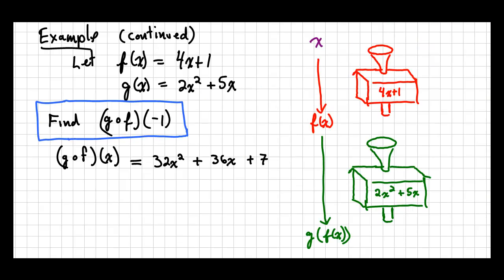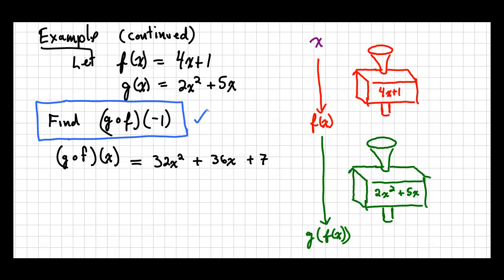Okay, so we calculated what the composed function, g composed with f of x, would be. We know it's 32x squared plus 36x plus 7. But let's use this new composed function. Let's evaluate this function at -1.